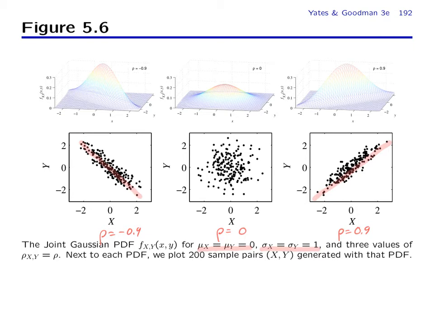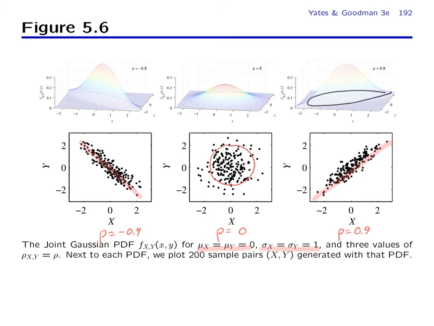And what you can see is that the points generated along the line y equals 0.9x in fact correspond to a ridge of probability along the same line, and that this probability piled up in a ridge is what gives you XY pairs that lie along the line. And conversely, in the case of rho equals 0, we see kind of that the probability is along.